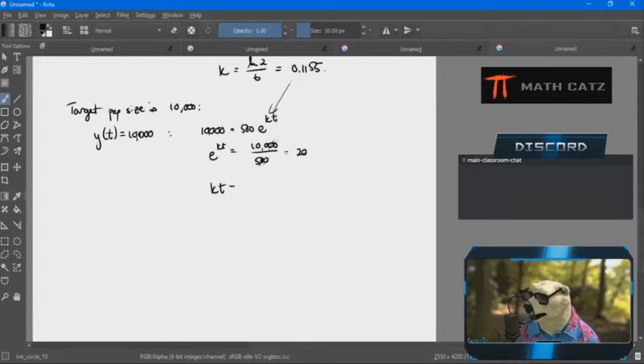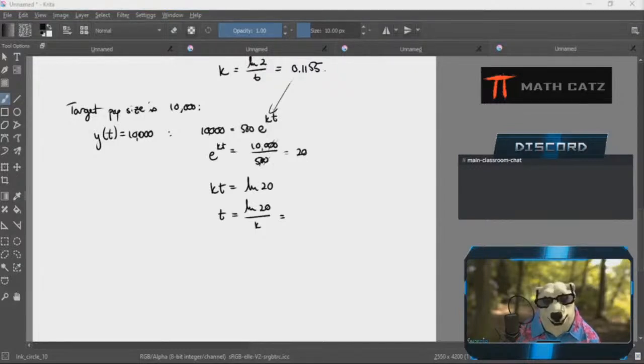So kt is natural log of 20. So t is what I'm trying to solve, log 20 over k, which I do have. Now you can put in all the decimals, or you can calculate it as log 2 over 6, but don't use a rounded number in a future calculation. Let's do it.